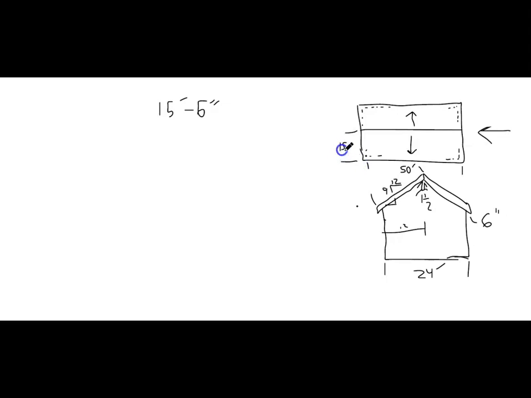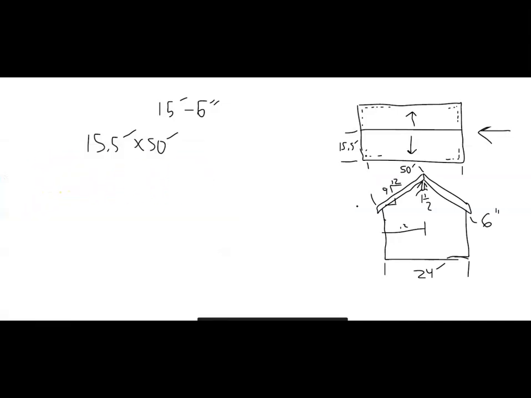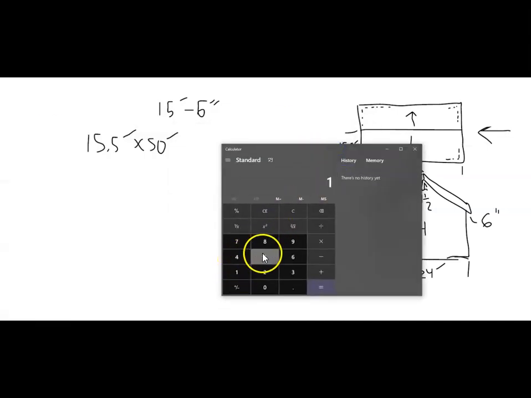So I'm going to call it 15.5 feet, and then in this direction we have 50. So 15.5 feet times 50 feet. Let's get out our calculator. $15.5 times 50 equals 775 square feet.